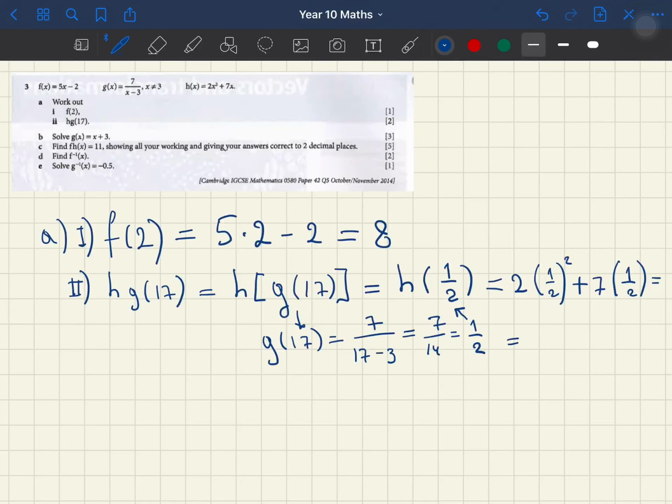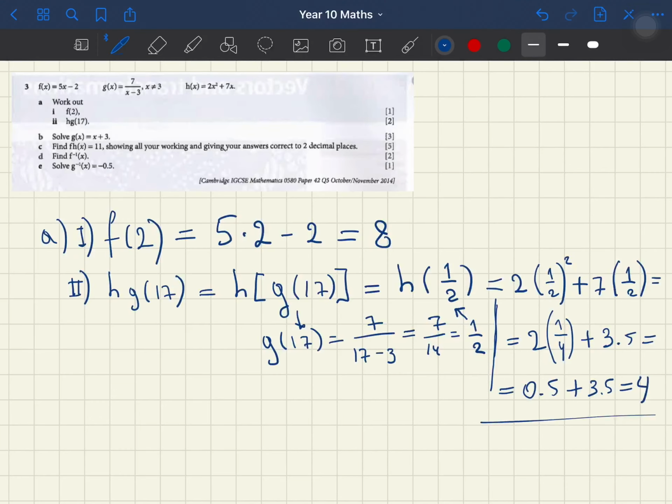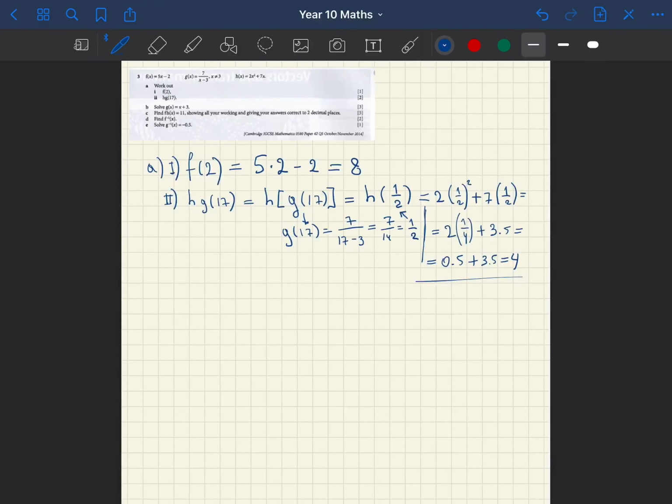This would be equal to 2 times 1/4, plus 7 times 1/2 is 3.5, plus 3.5, which would be equal to 0.5 plus 3.5, which would be equal to 4. This is our answer, 4.